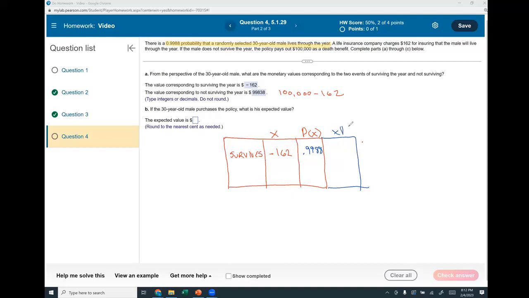X, P of X. So I'm going to multiply 162 times 0.9988. That is negative $161.81.